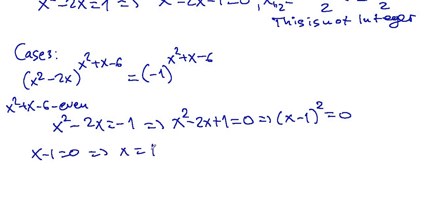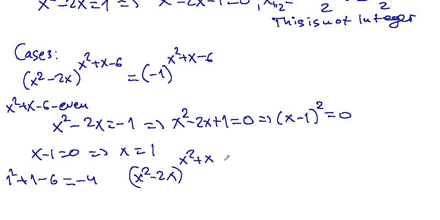So let's check it now. Putting x equal to 1 into this expression, 1 squared plus 1 minus 6, we see that this is equal to minus 4. And if we check this answer in the equation, let me rewrite our equation here: (x squared minus 2x) to the power of (x squared plus x minus 6) is equal to (minus 1) to the power of (x squared plus x minus 6).